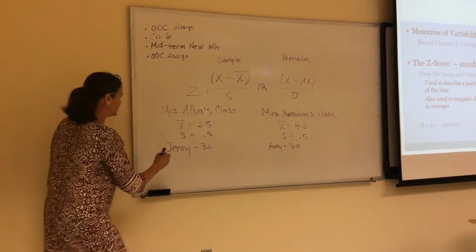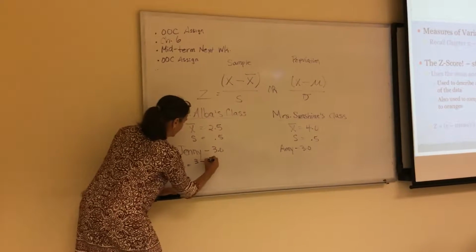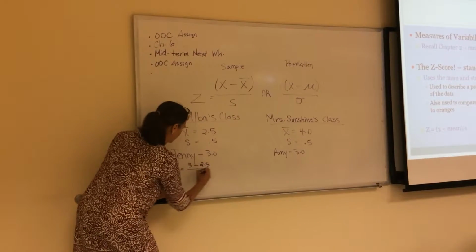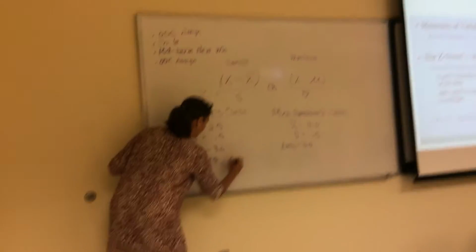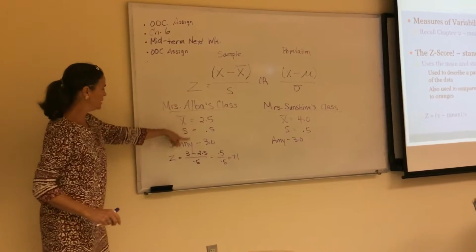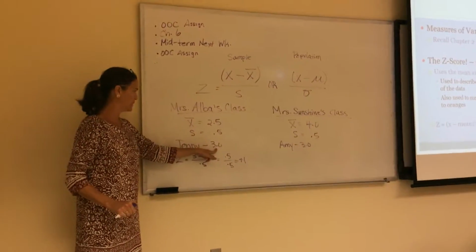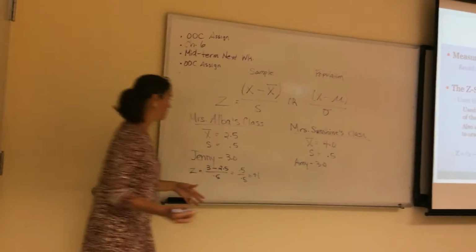So let's see what their z-scores are. If we look at Jenny's z-score, Jenny got a 3, minus the mean of 2.5, over 0.5, okay? So she's 0.5 over 0.5, which is a positive 1. She is 1 standard deviation above the mean in her class, so she's liked fairly well.